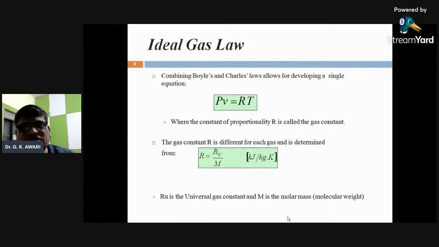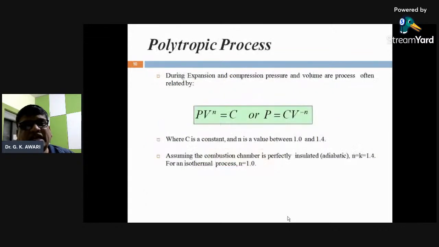The gas constant R is different for each gas and is determined from the equation R is equal to RU by M, where RU is the universal gas constant and M is the molar mass, the molecular weight. Therefore PV is equal to RT. This is the ideal gas law, obtained by combining Boyle's law and Charles law.